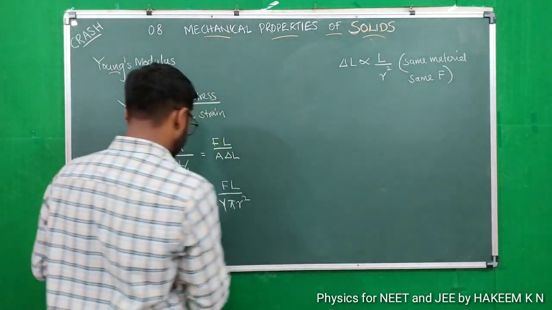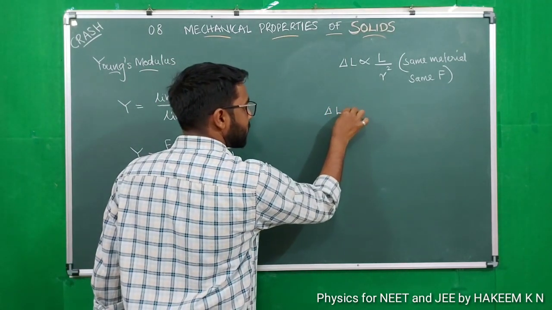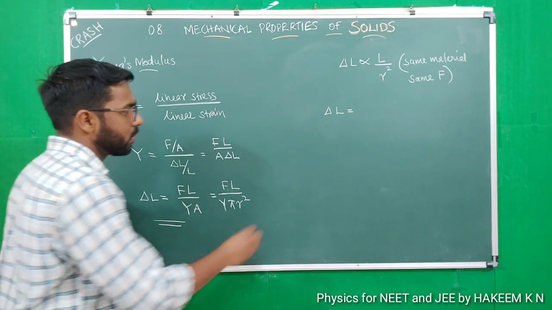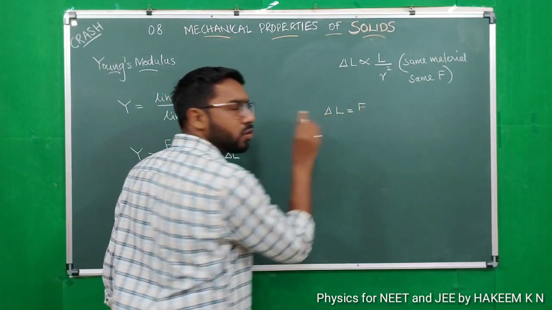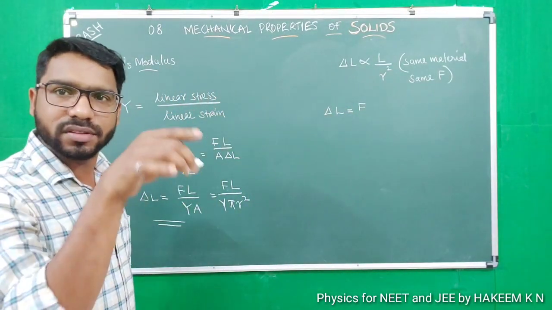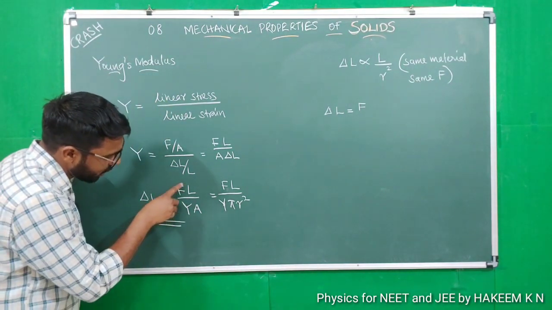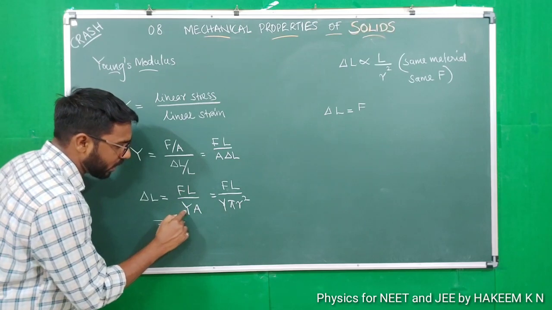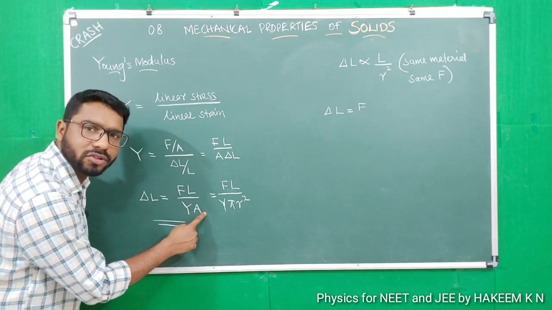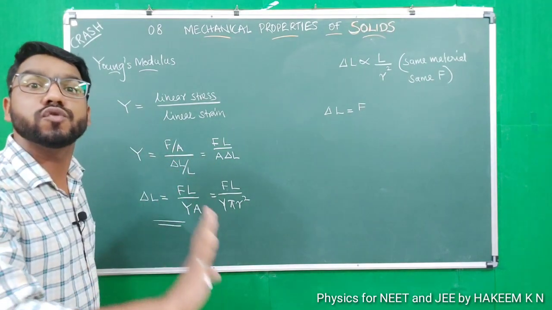Now in this equation, delta L equal to FL by YA, I am just multiplying the numerator and denominator with length L. So we will get FL square by Y into area into length. Area into length denotes volume.